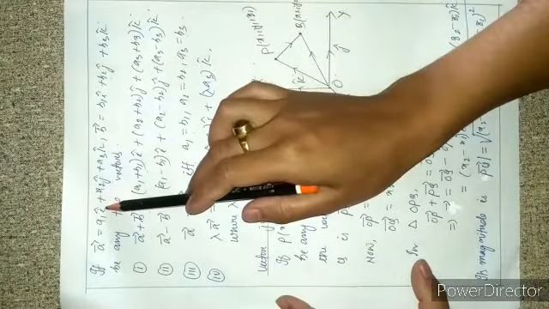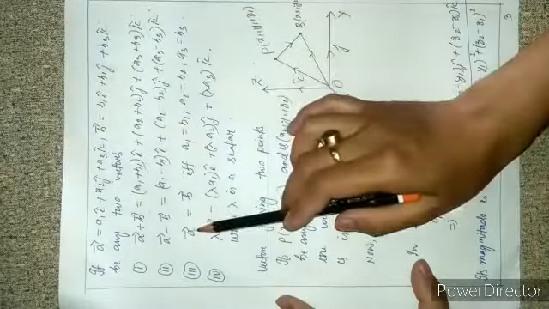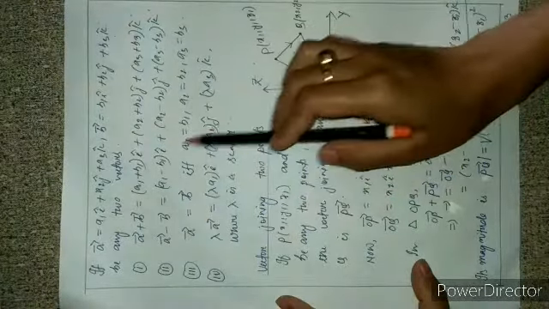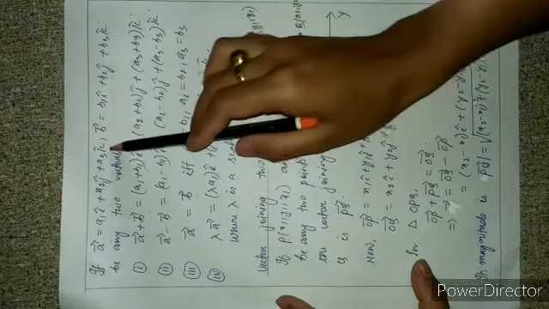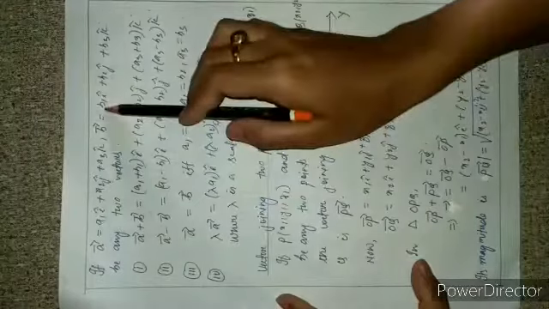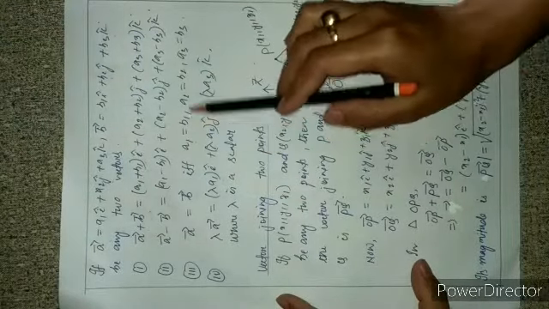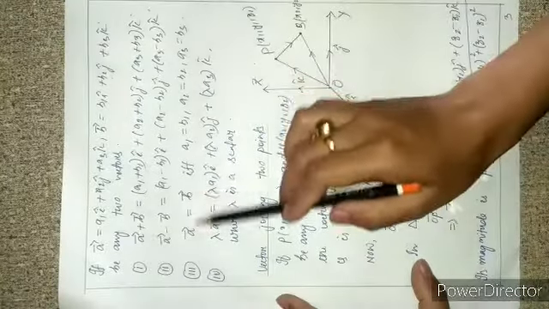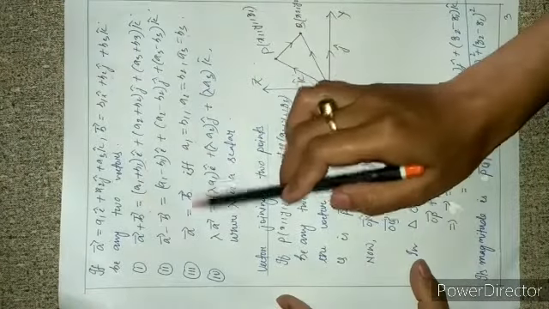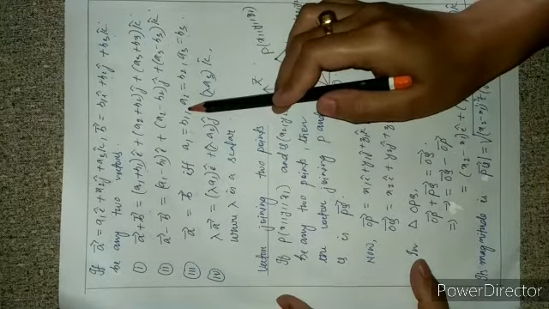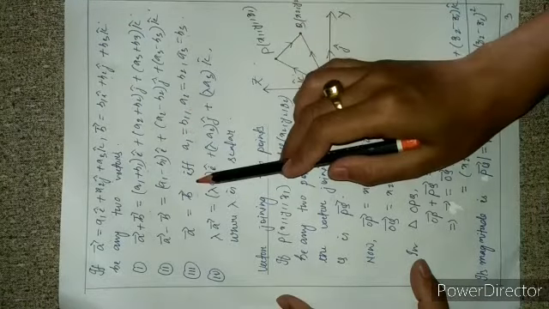In this case, if A vector equals B vector, then A1 equals B1, A2 equals B2, A3 equals B3. And if A1 equals B1, A2 equals B2, A3 equals B3, then the two vectors are equal. So two vectors are equal if and only if their corresponding components are equal.